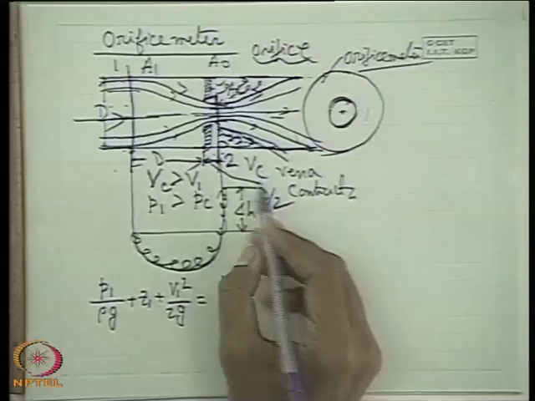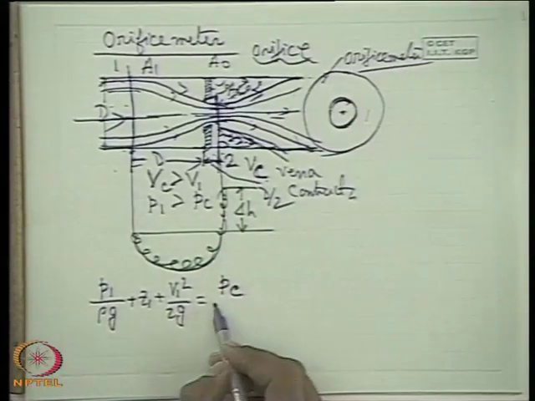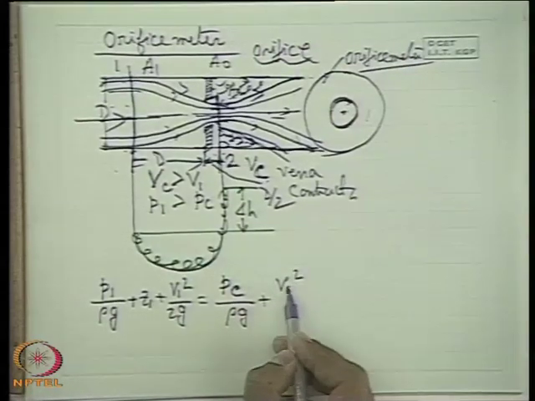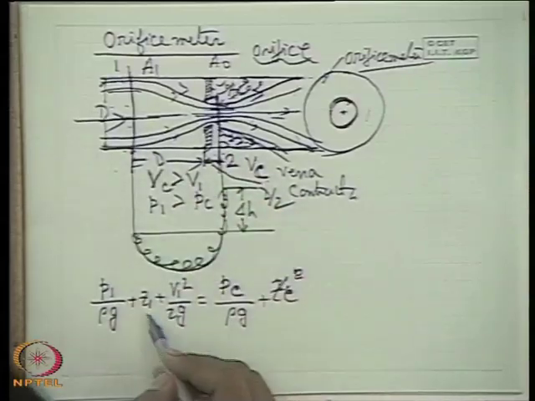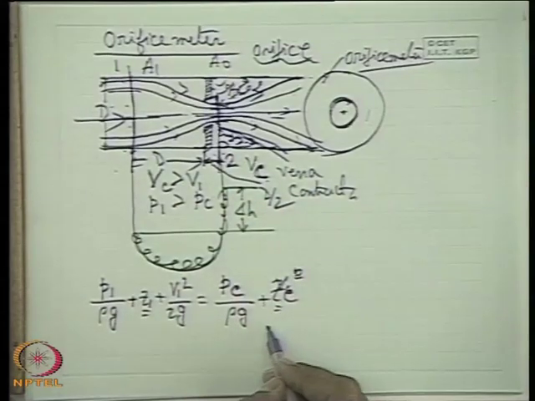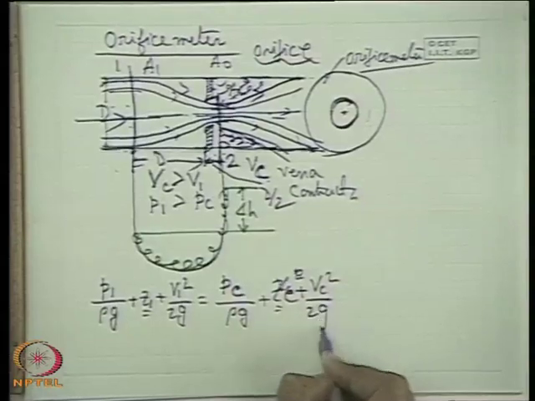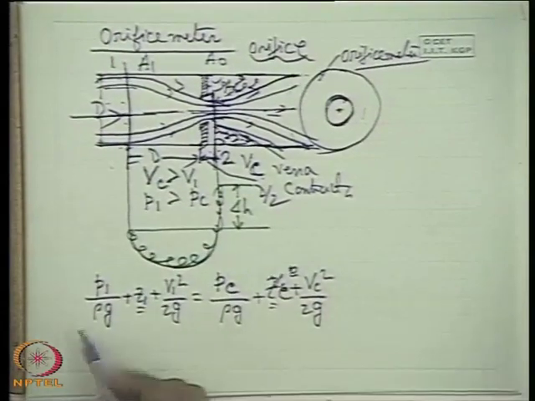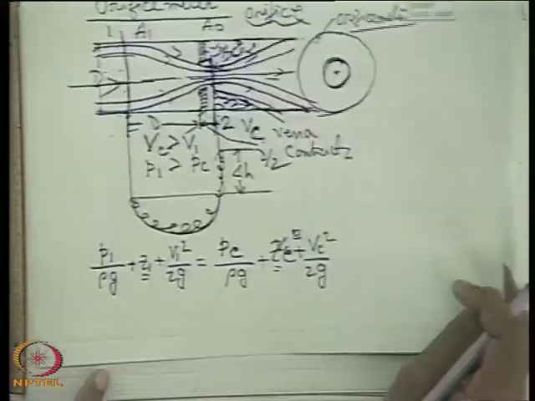So these two sections I better replace as C section, because this is the contracted section: PC by rho g plus VC square by 2g, plus ZC if there is elevation head difference, considering the fluid to be inviscid. Okay. So from this we can find out V1 minus VC, again the same thing is there.